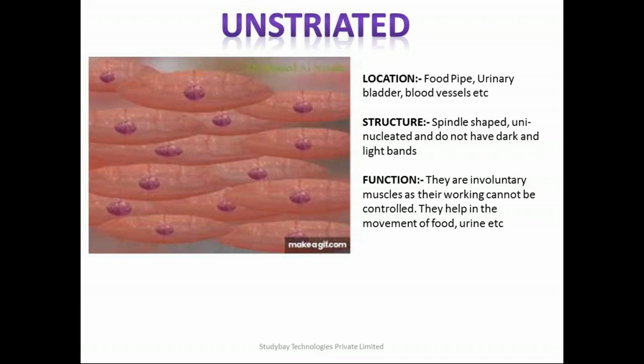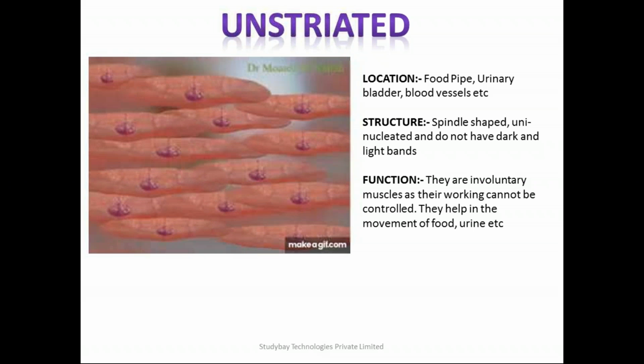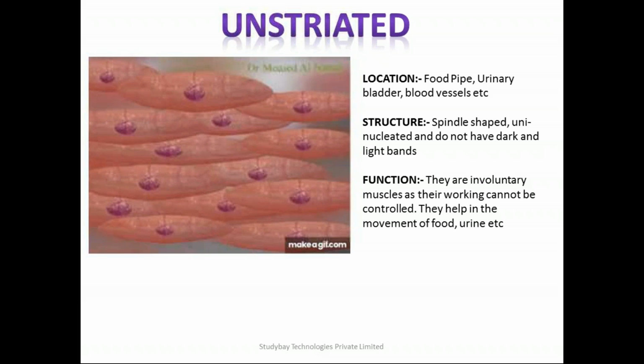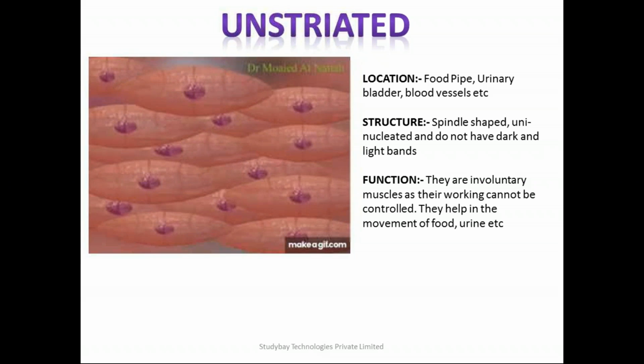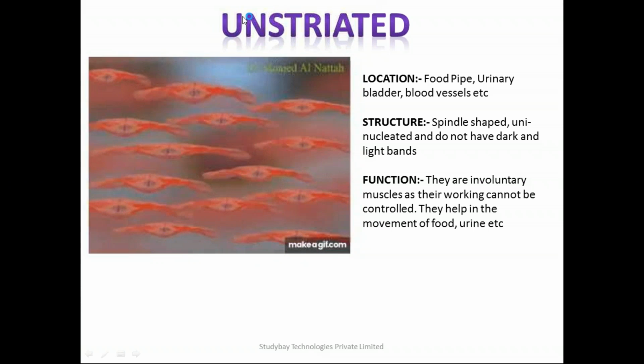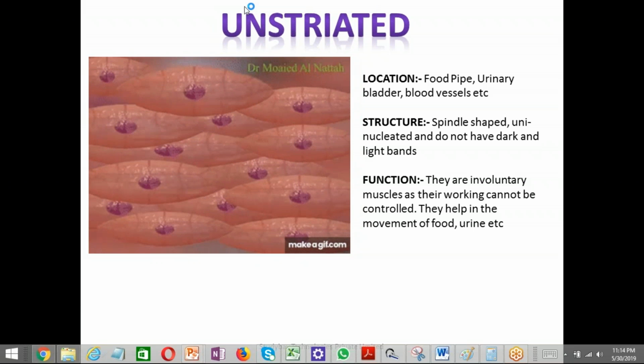Then we have unstriated muscles. These are present in the food pipe, urinary bladder, and blood vessels. You might have observed that these muscles are not under your control.